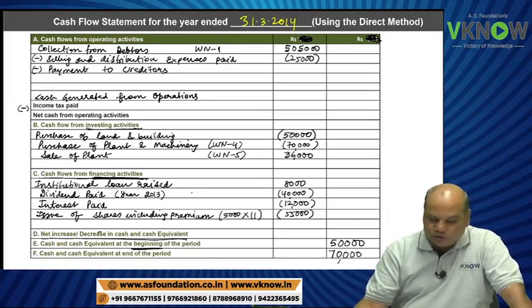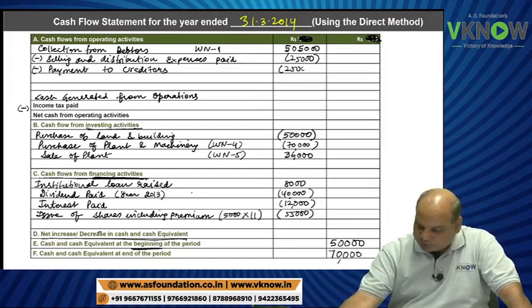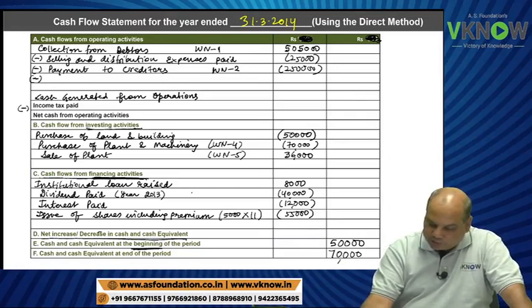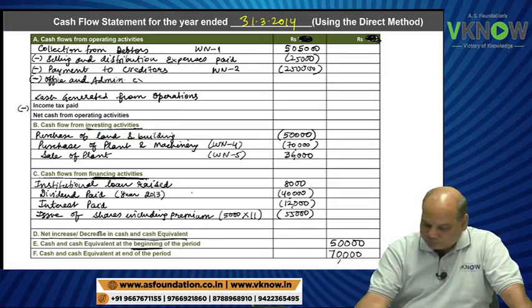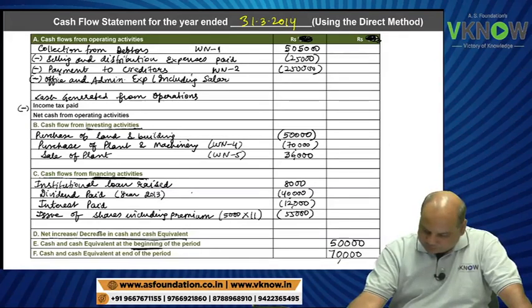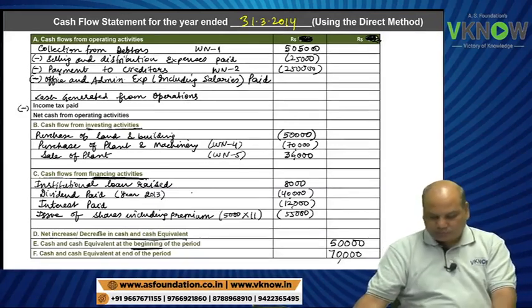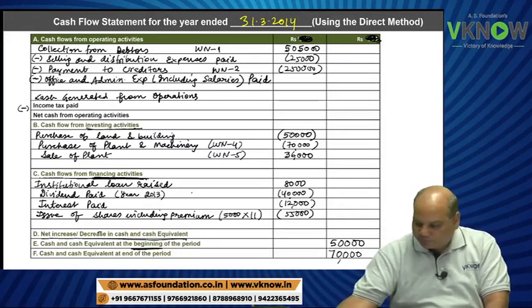Payment to creditor was 2,50,000 in bracket, working note number 2. And one more thing, write down less office and administration expense in bracket including salaries paid. How much was that last one? Including salaries paid 40,000.